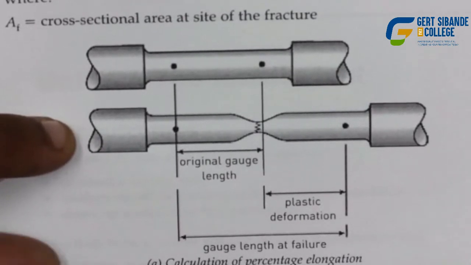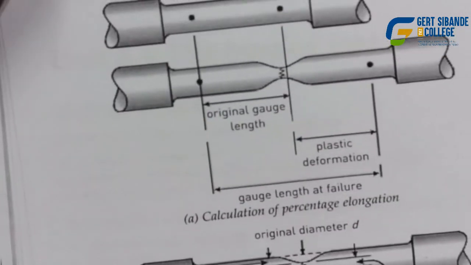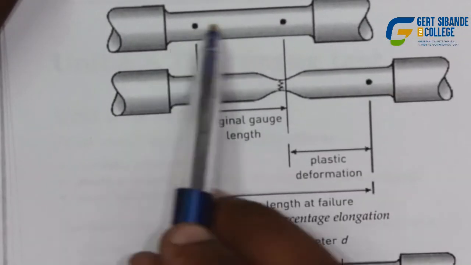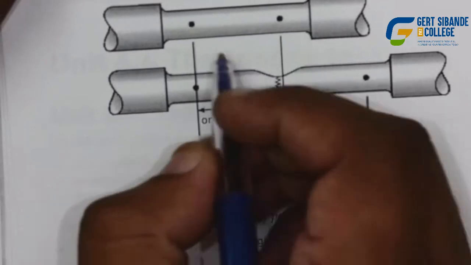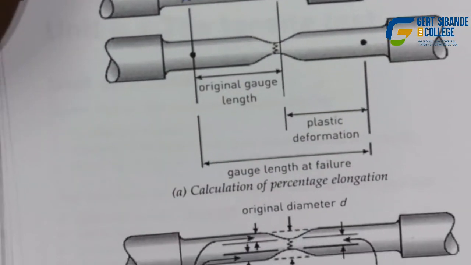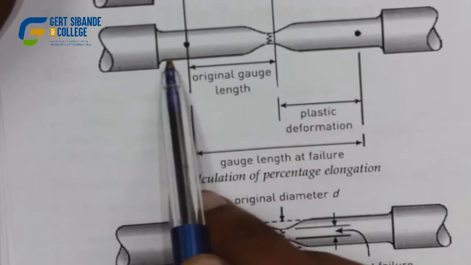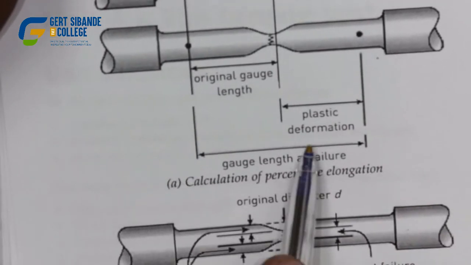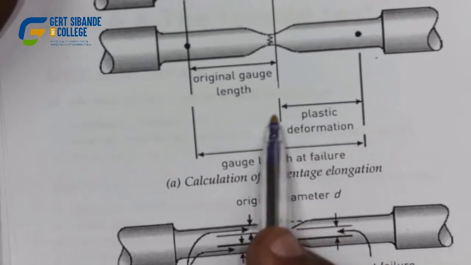For calculation purposes, you must be able to calculate where you're going to take the measurement. You originally take the measurement of the original length, which will be between point A and point B. Then as you apply the load, it goes under this deformation, whereby you can see that it has changed and gone into plastic deformation.